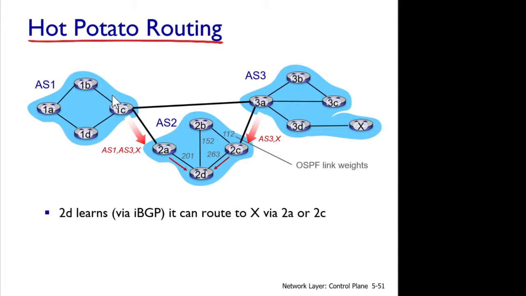Simultaneously we get another eBGP message coming in here saying X is reachable via AS1, AS3. In other words, go to here, then pop over here. So both eBGP messages are perfectly valid. One is longer than the other, and both might reach 2D via iBGP. So now 2D is aware of two different paths.